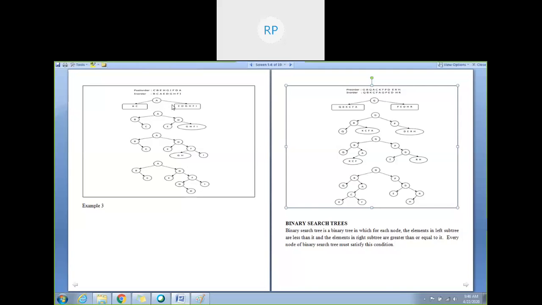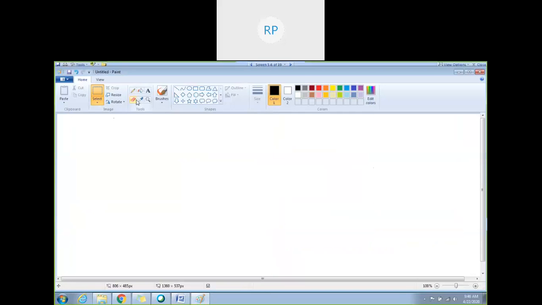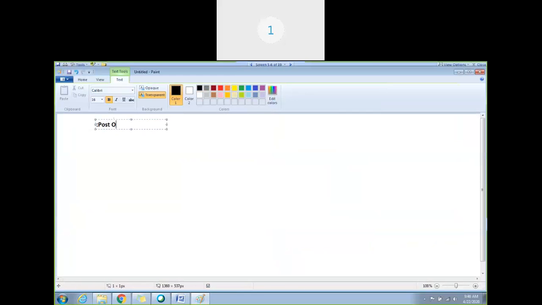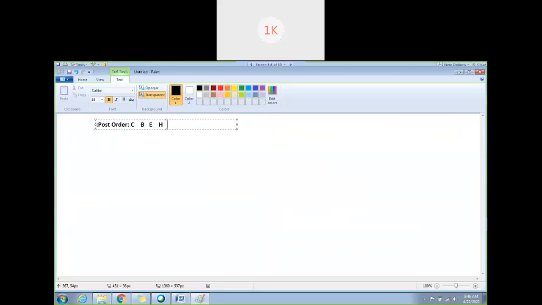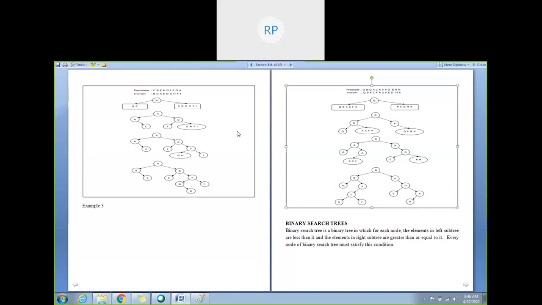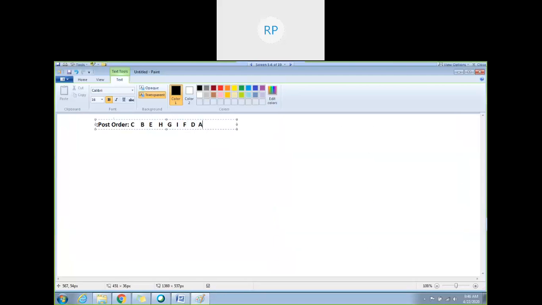The post order is C, B, E, H, G, I, F, D, A.